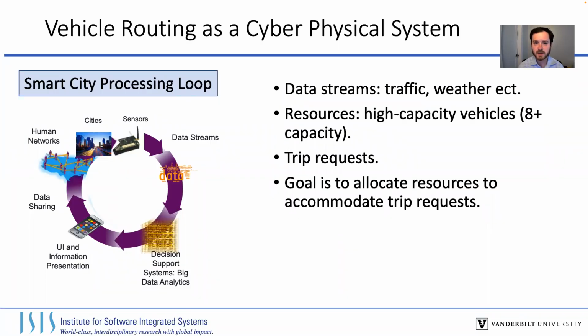Vehicle routing can be thought of as a cyber-physical system with data streams such as traffic, weather, etc., and a set of resources, in this case, high-capacity vehicles. There are incoming trip requests, and the goal is to allocate resources in a way that accommodates the trip requests.